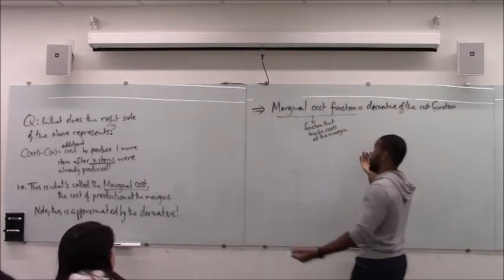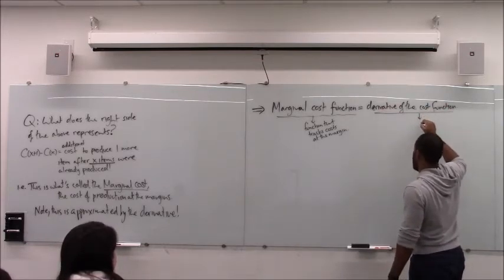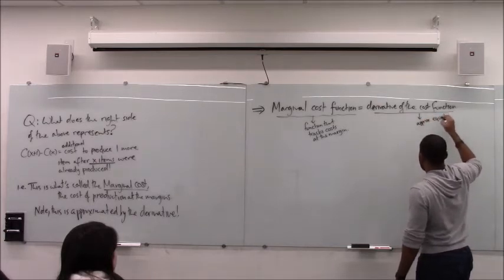And the derivative is the derivative. And it turns out the derivative of the cost function is approximately equal to the cost at the margin. And so it's called the marginal function.